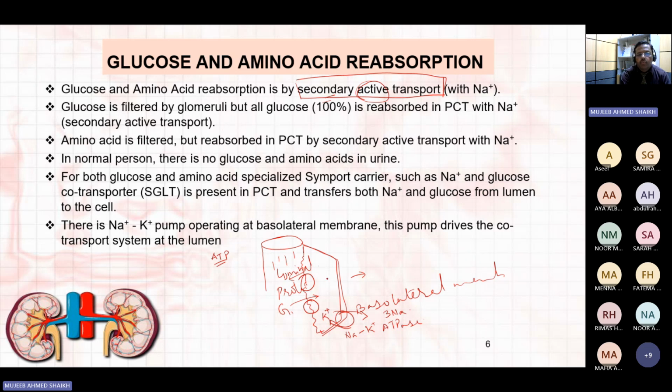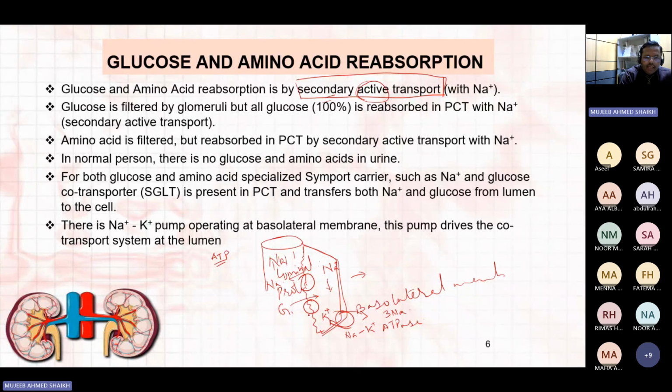By this way, there will always be a decrease in sodium concentration inside the cell. In the filtered fluid, sodium is present in abundant quantity. So this sodium can easily move into the cell because of the higher concentration in the tubular lumen and low concentration in the epithelial cells.